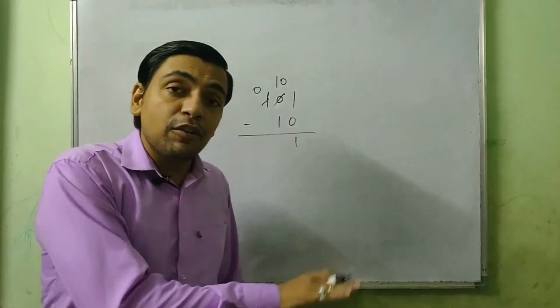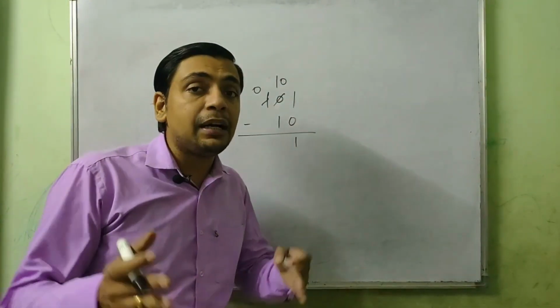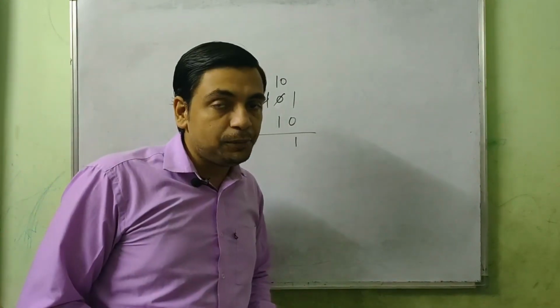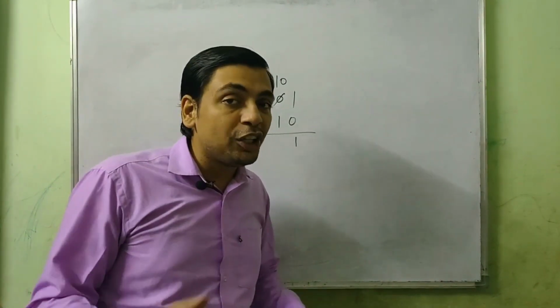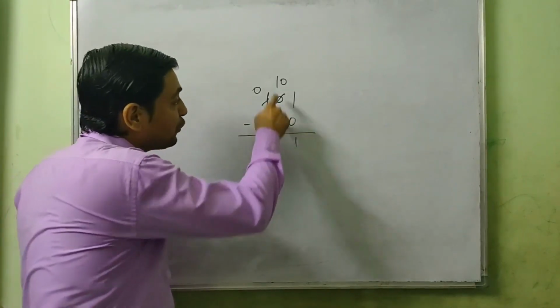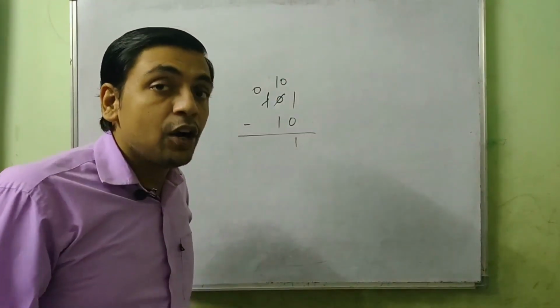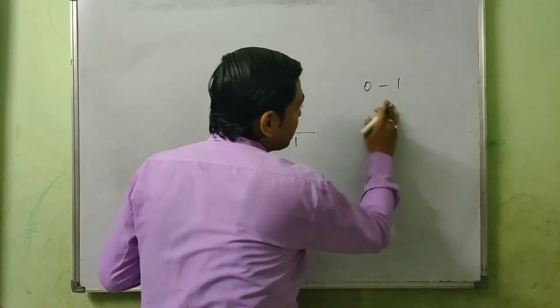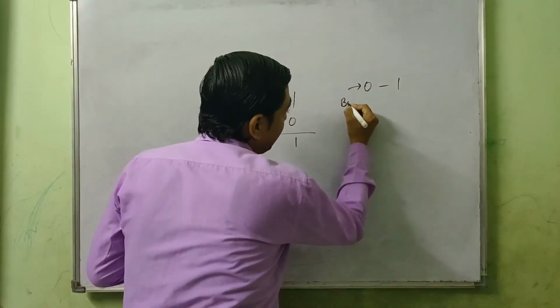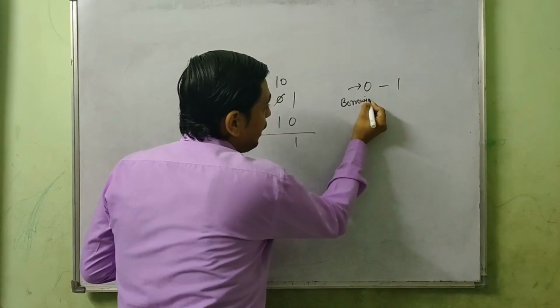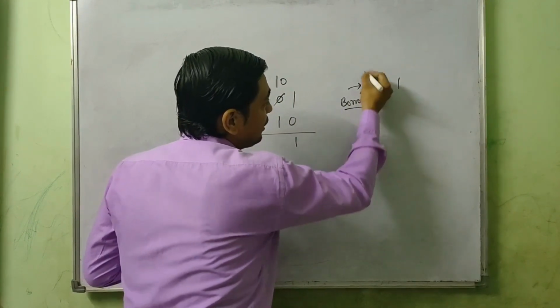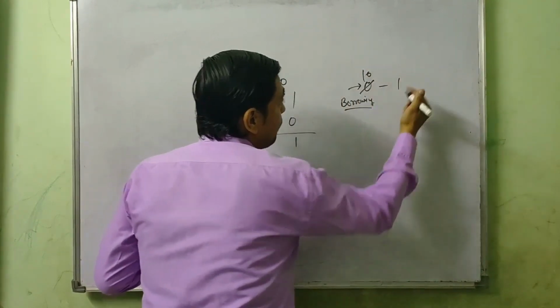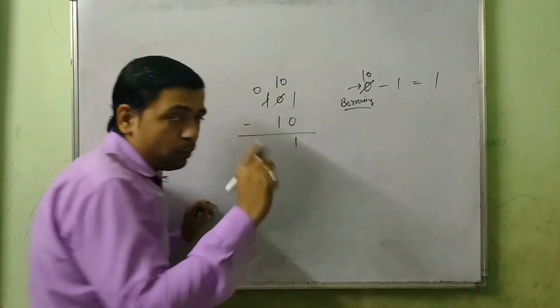What is the decimal value of 10? The decimal value of 10 is 2. And if you subtract 1 from 2, what do you get? 1. So whenever you are borrowing, you are borrowing a value from the previous one, and definitely it will turn out to be 10, and 10 minus 1 will result in 1.